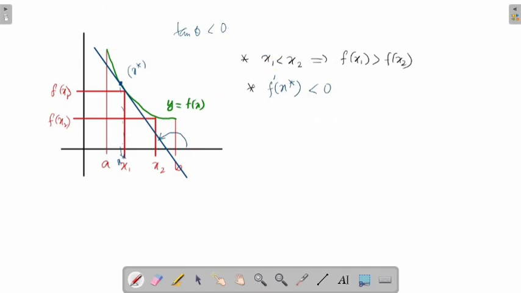Okay, so this is the definition. Now sometimes you have got these signs. If you have this sign, it means that it is strictly increasing.